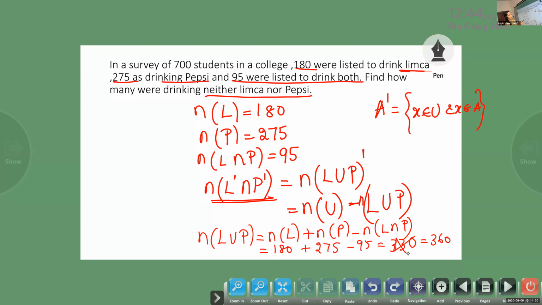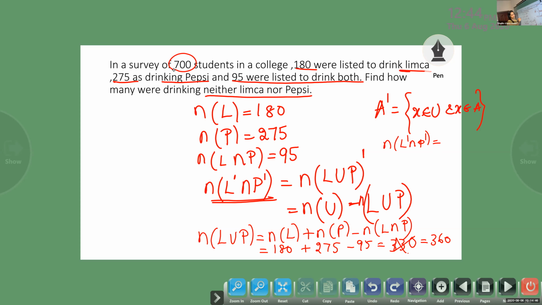Therefore, N of L dash intersection P dash is from the universal set we have to subtract. So universal set, what is N of U? Read the question and find out what will be the N of U here. One data we have not yet used. Okay, it is 700.